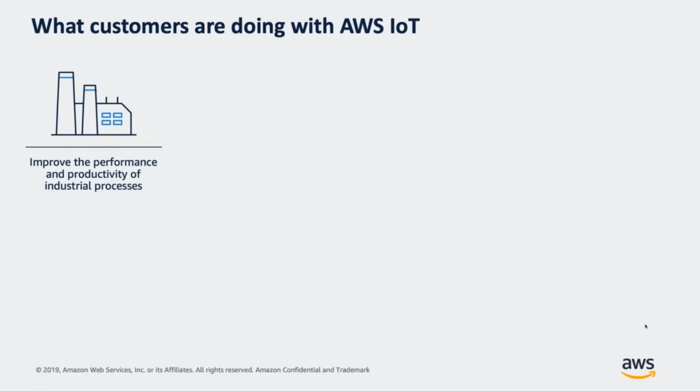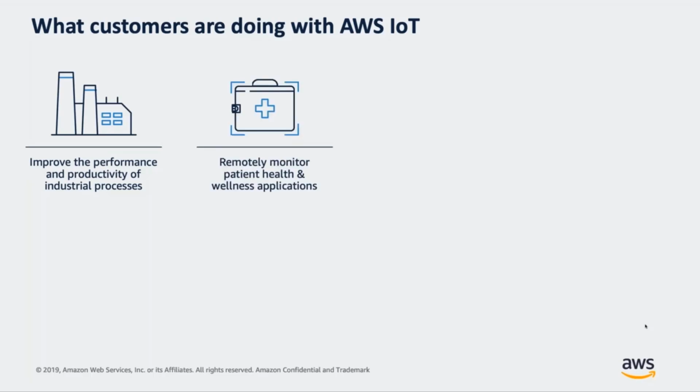The data that is generated in factories and industrial settings is increasingly being used to improve the performance and productivity of industrial processes. To give you an example, one of our customers, Fender, is using this data to improve their industrial processes.